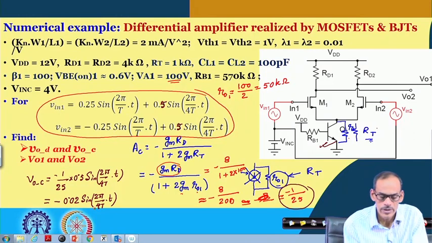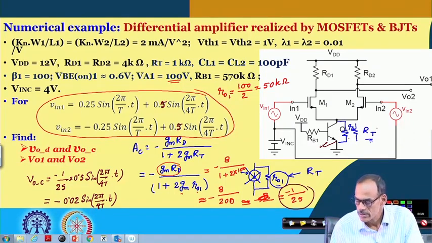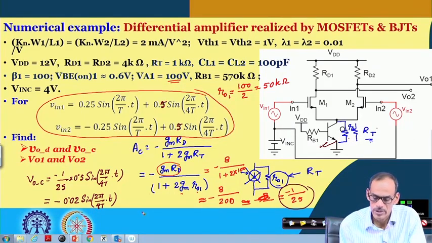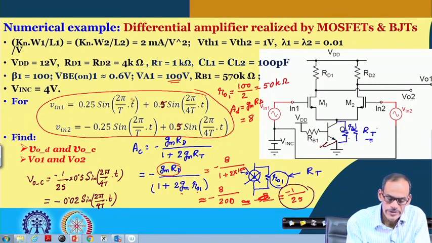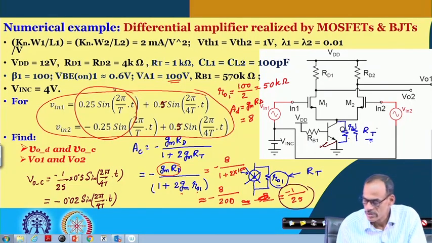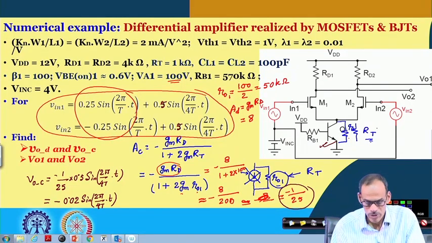On the other hand, the differential part, since the differential mode gain remains 8, so AD equals gm into RD, that remains 8. So, this differential part on the other hand remains the same as what we have seen, it is 4 volt.